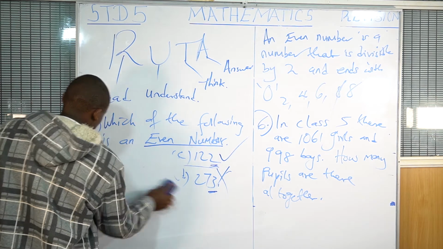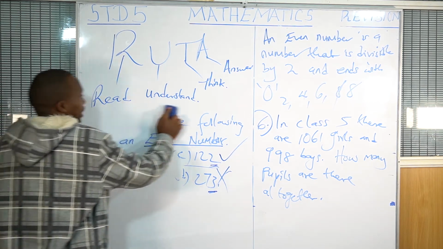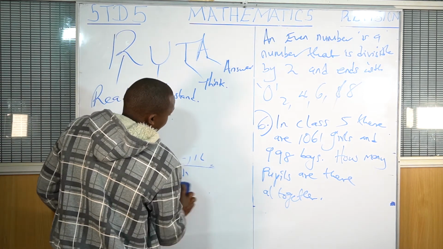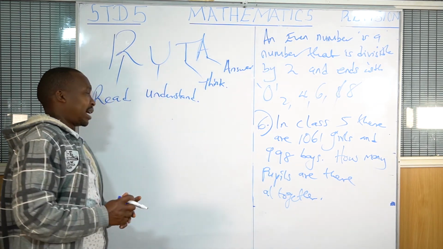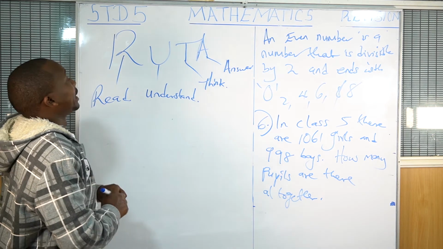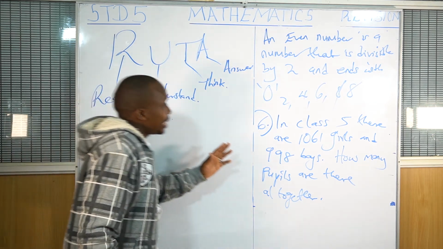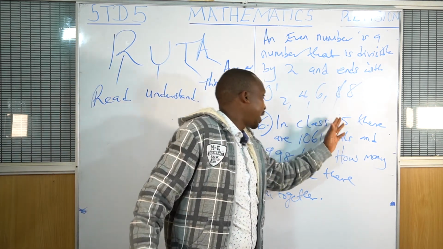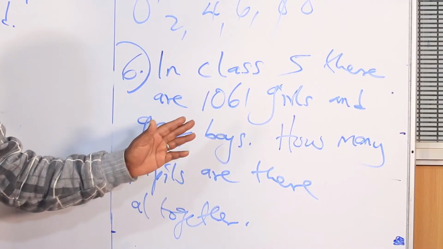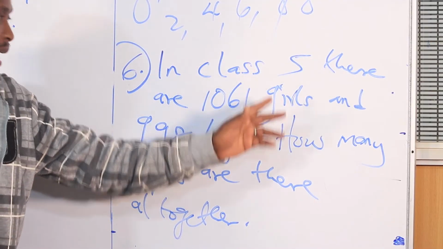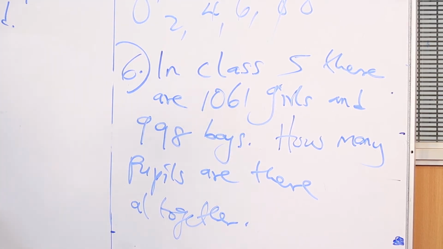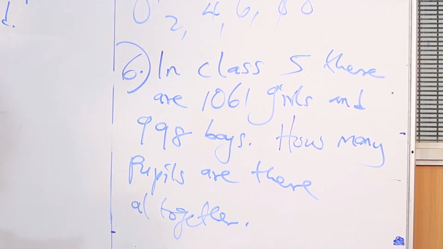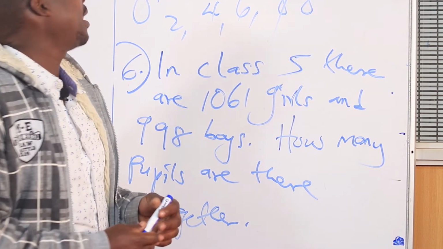So all of us, I would like you to use our formula, class 5. Now, R, you are to read. In class 5, there are 1,061 girls and 998 boys. How many pupils are there all together?